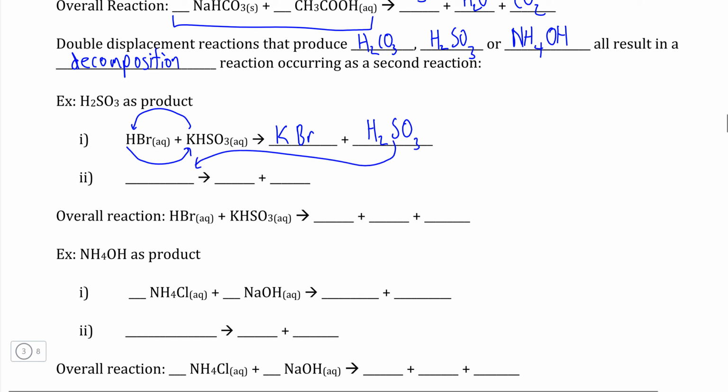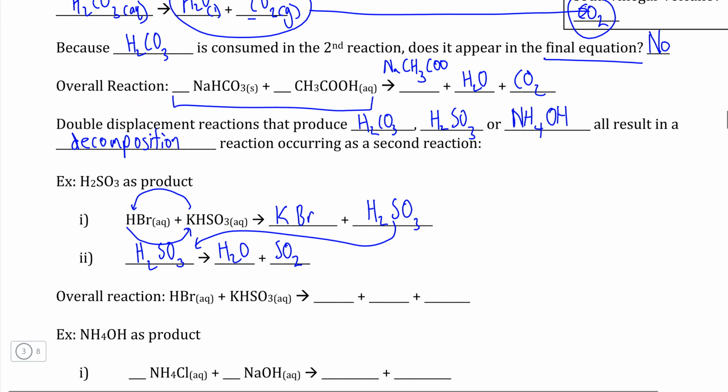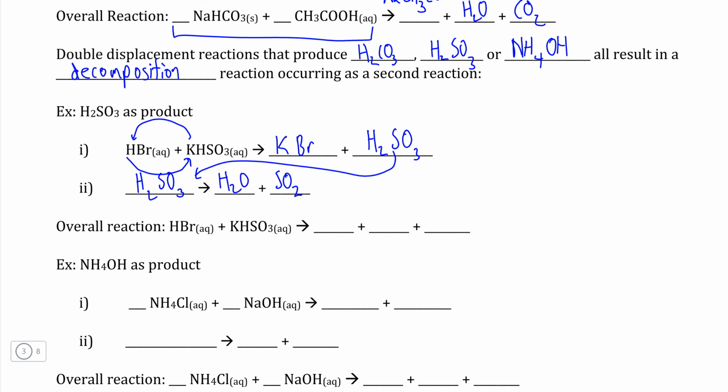Now this compound is actually going to undergo a decomposition just like carbonic acid, but instead of the CO2 that this reaction produces, it's actually going to be SO2, and what remains of the original acid is going to be water, just like we saw in carbonic acid decomposition in the first sample reaction.